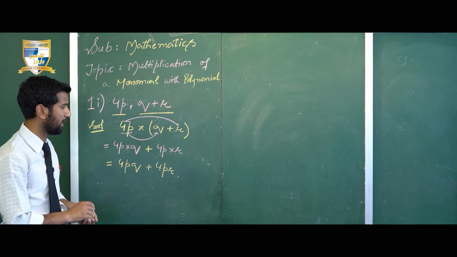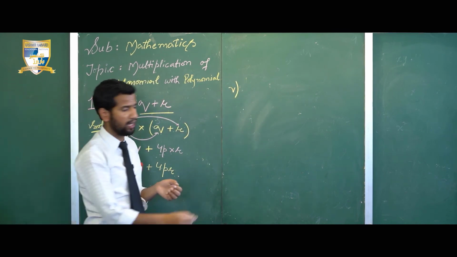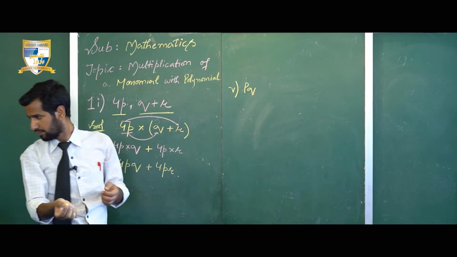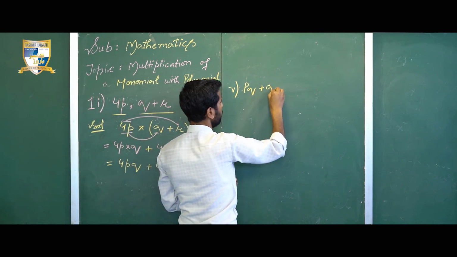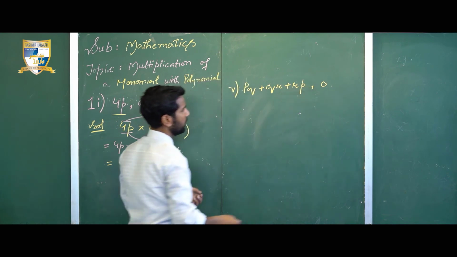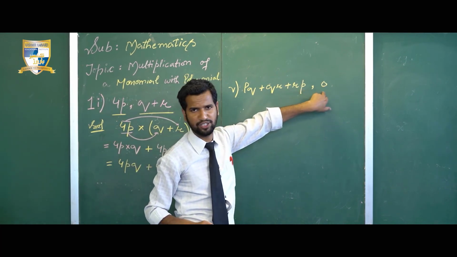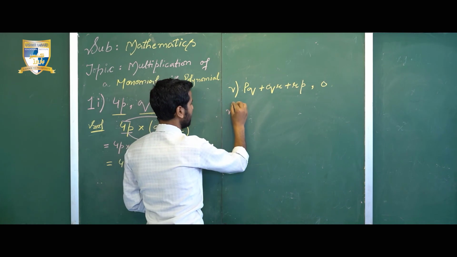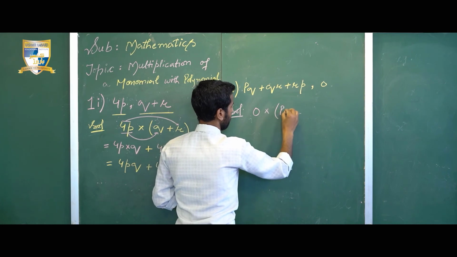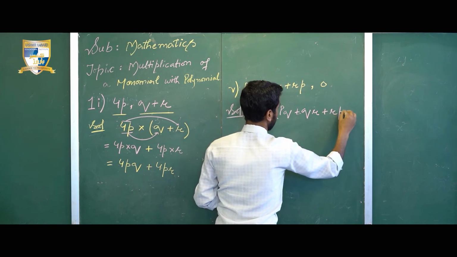Now what about part number 5th of this question. PQ, QR plus RP and then 0. Once again we have a trinomial here, and that's in multiplication with monomial, that's 0 here. So the expression is quite like this: 0 into PQ plus QR plus RP.